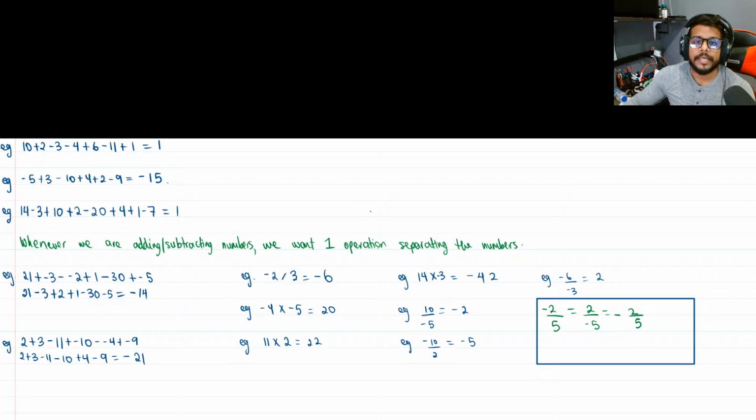So the negative sign goes on the numerator, on the denominator, or in front of the entire fraction. It does not matter. Traditionally, the negative sign goes on top, and you'll find that this will result in the easiest calculations when you put the negative sign on top.